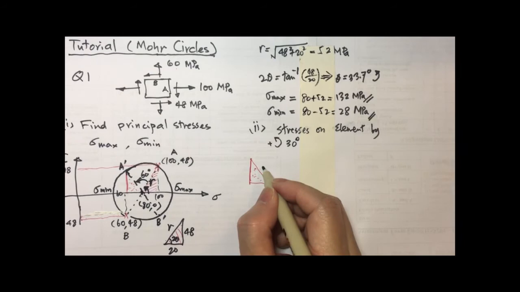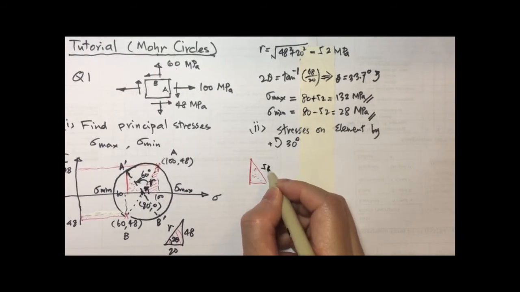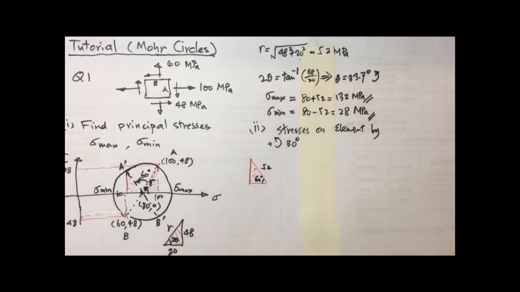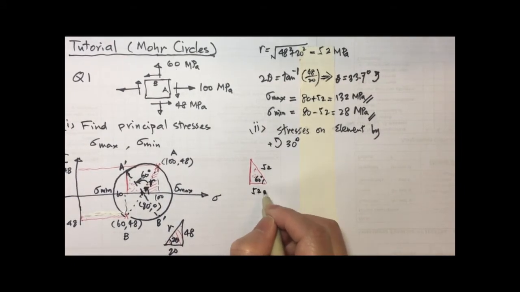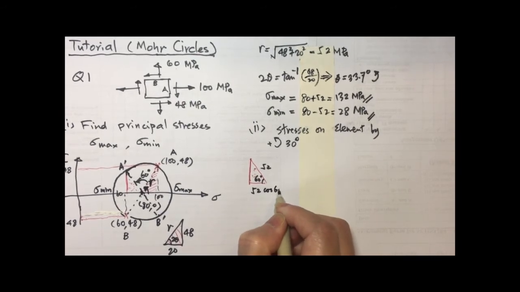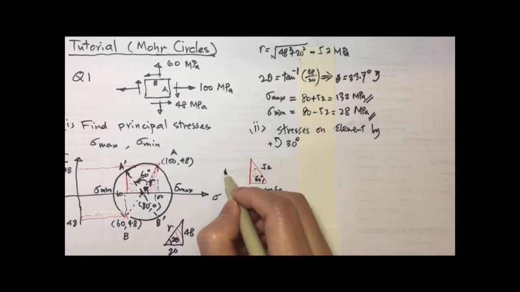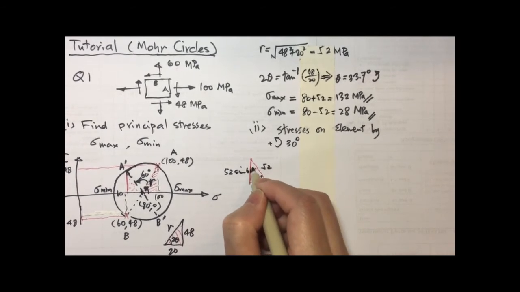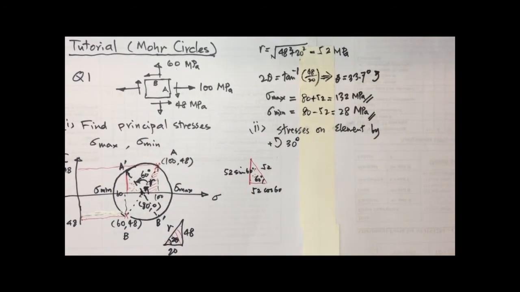So that's the radius, right? 52, and that's 60 degrees. So you can work out that is what? 52 cosine 60, and that's 52 sine 60, right? So what's the value here? So it's 80, right? 80 minus this one.